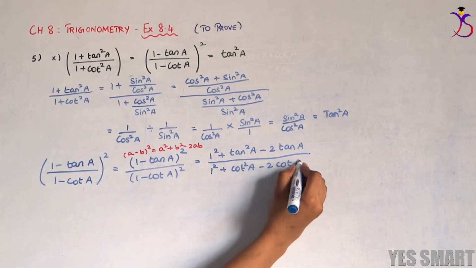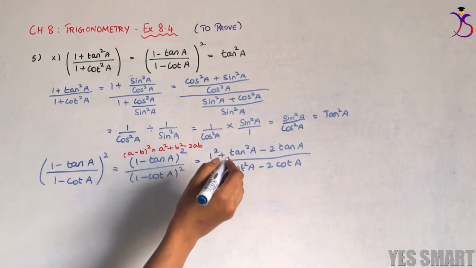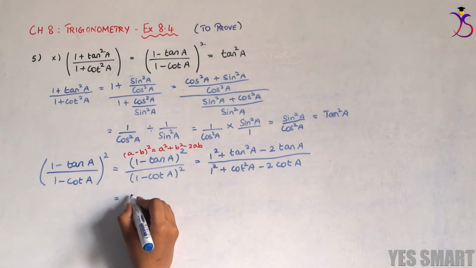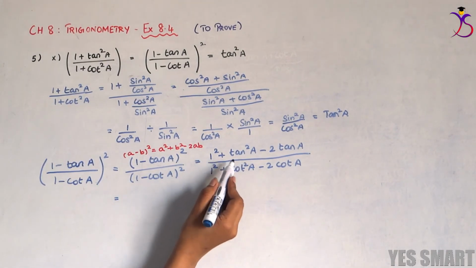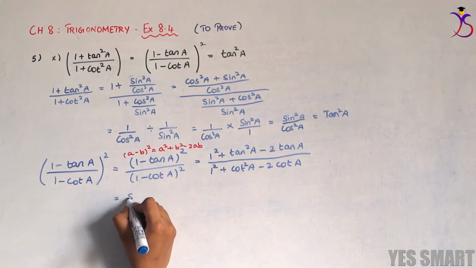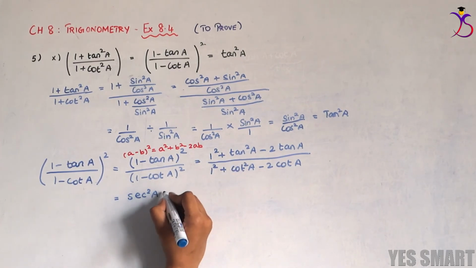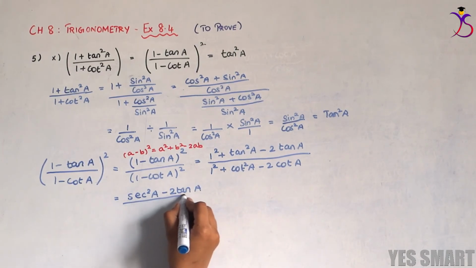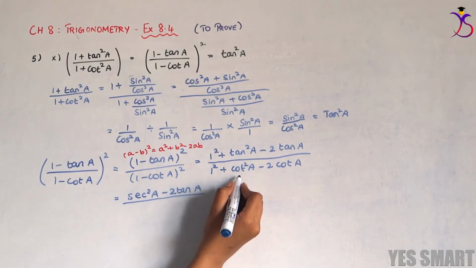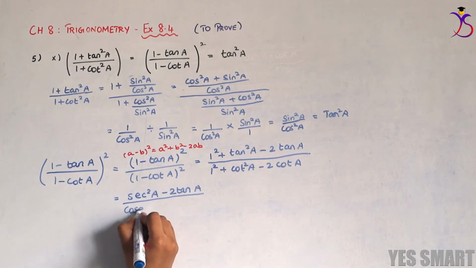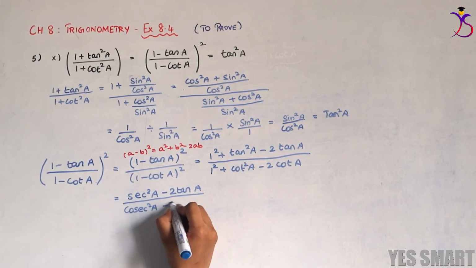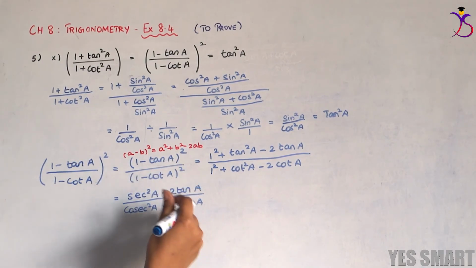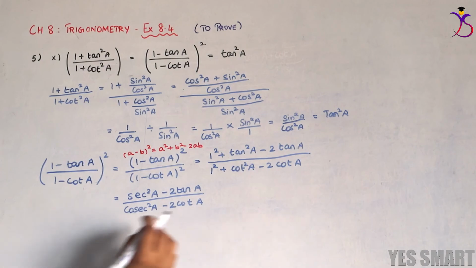Now solving this further. 1 square is 1. So 1 plus tan square A is secant square A. So I am just writing secant square A minus the second term as it is, 2 tan A, divided by 1 square is 1, 1 plus cot square A is cosec square A. So I am just writing cosec square A minus the second term as it is.